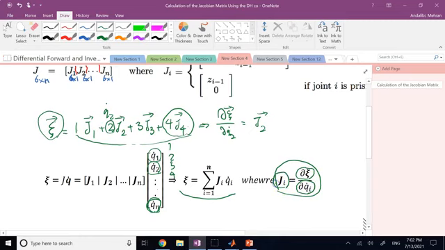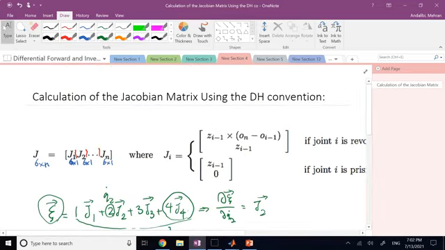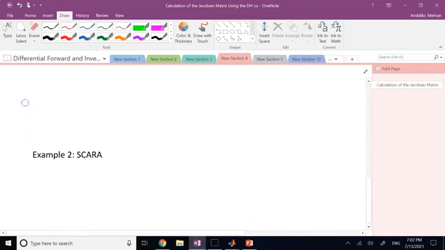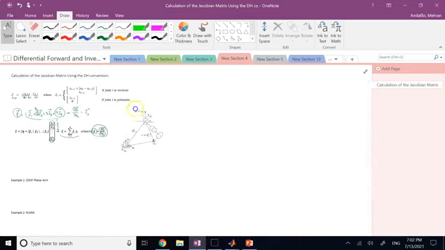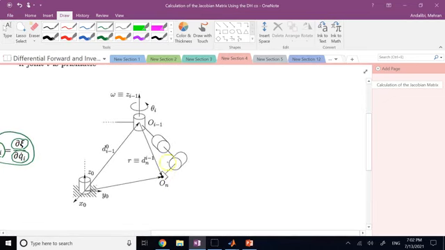That's the meaning of each column in J, correct? In other words, if I go back to my robot and look at some picture, this is my robot, okay? From the base, several members, going to some specific joint, going all the way to the end effector.